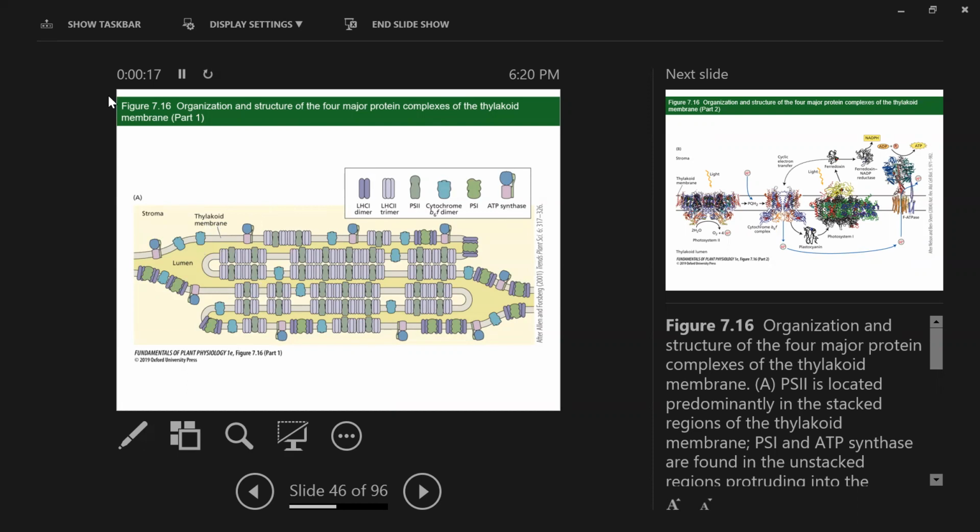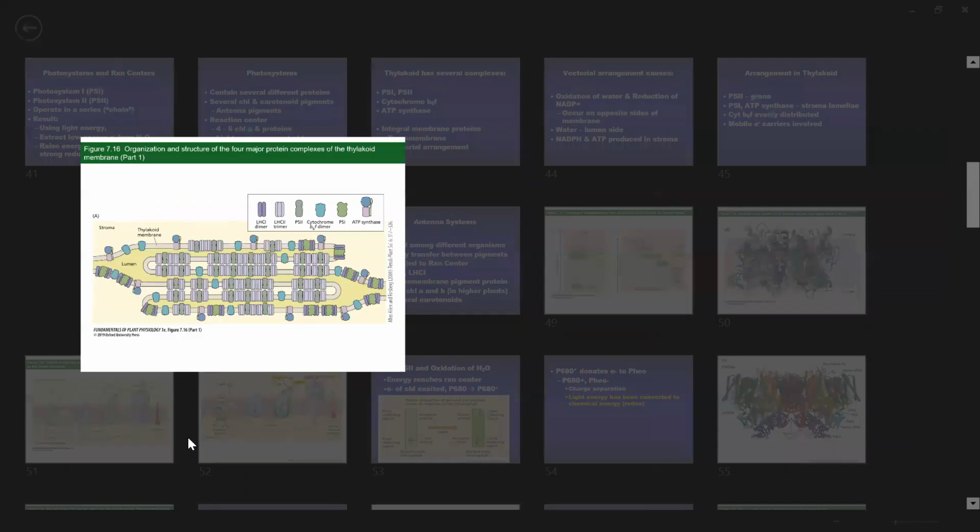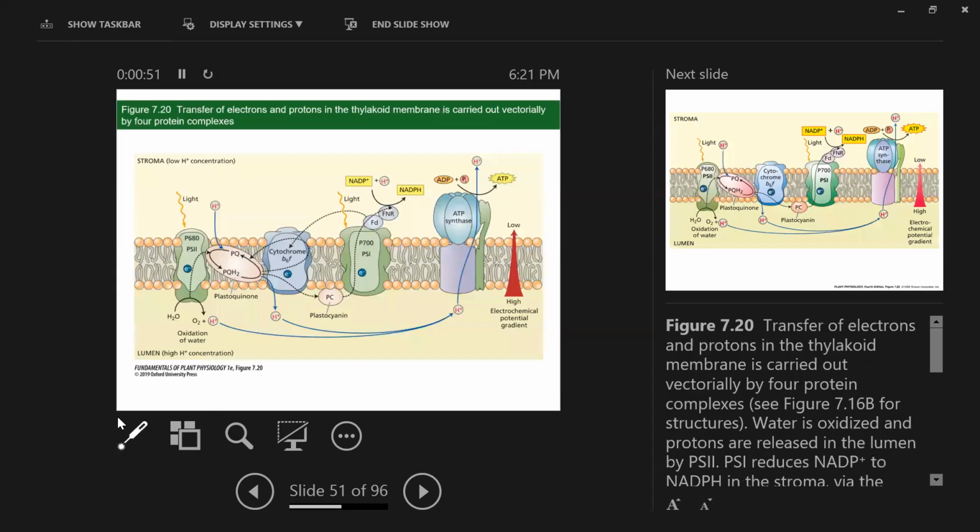We talked a little bit about how light harvesting complex 2, the light purple, is more in the stacked region of the membrane, the granum region, and photosystem 1 tends to be more in the stroma lamellae. But of course, in order to talk about it and have it make sense, we tend to have everything neatly lined up, but in reality it's not quite that neat.